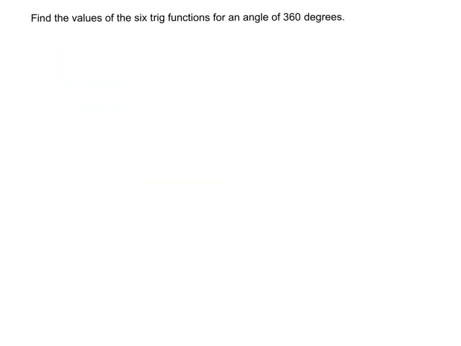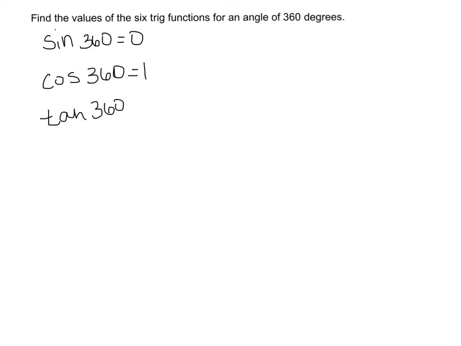Here we've got a quadrantal angle. So this is one that we should just know the 6 trig function values for. The sine of 360 is 0. The cosine is 1. Tangent is 0.